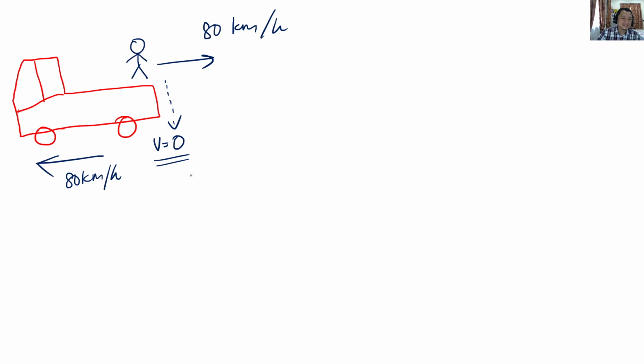This is what he is supposed to do. This is the best idea for him. What he should not do is hang around here, dangle his feet and then release. Why?